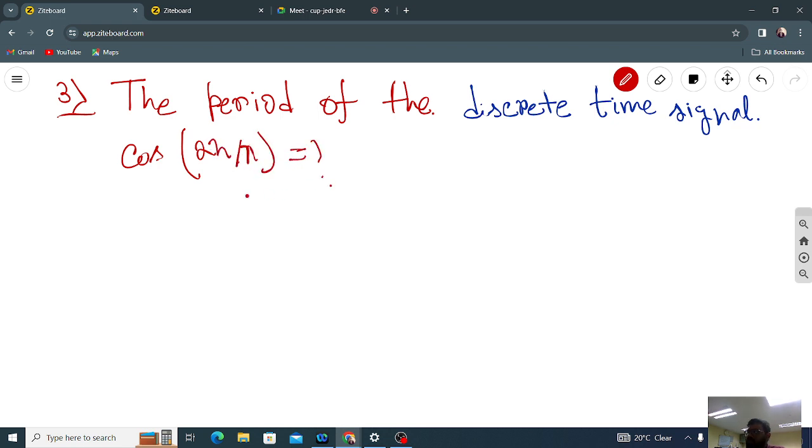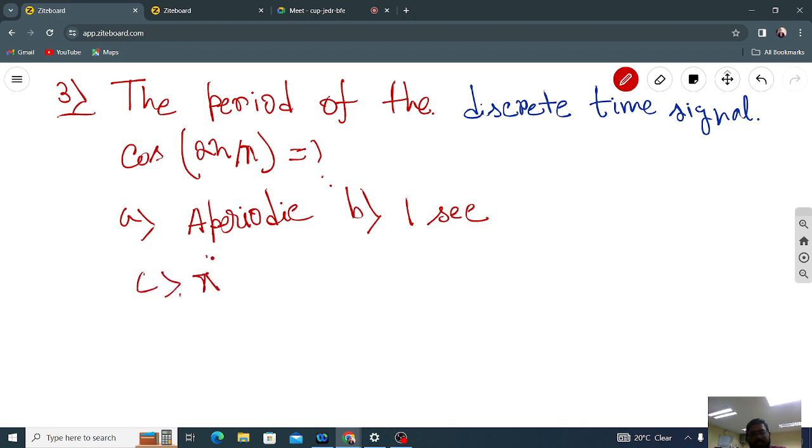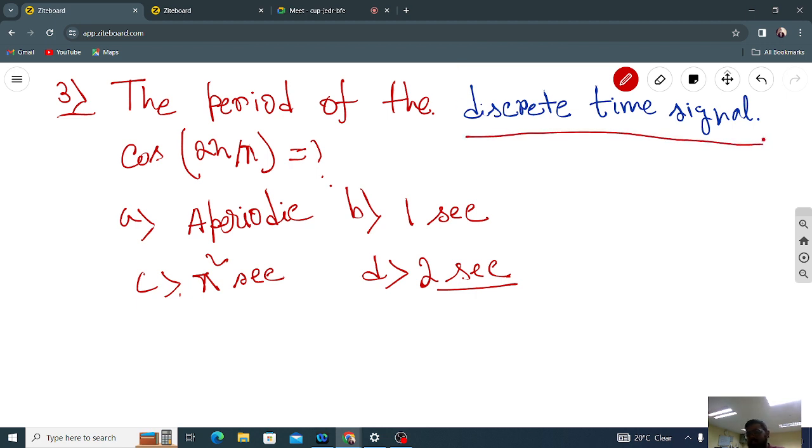Option A, aperiodic. Option B is 1 second. Option C is pi square seconds, and option D is 2 seconds. But this is the main catch here. It is a discrete time signal, not a continuous time signal.